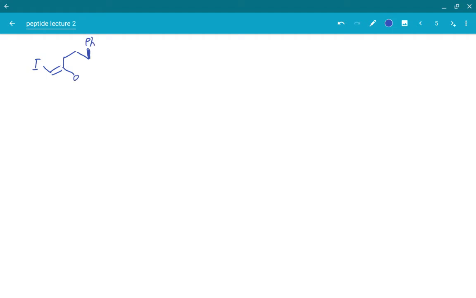So another kind of substrate that we could imagine is this cyclic ester with a vinyl iodide over here. Same thing. So when this encounters a serine protease, this thing also acts as an electrophile and adds in.